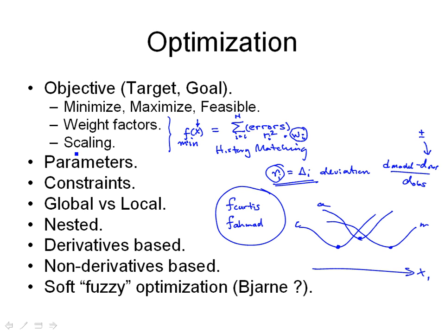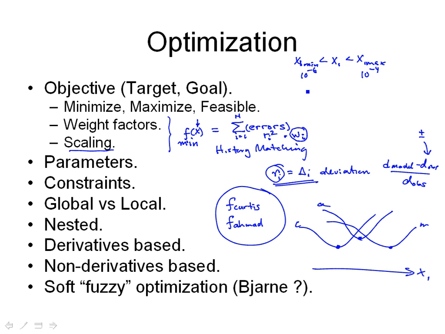Scaling, when it comes to optimization, basically x1 is often given like that. Okay? And x might be something like that for some particular x1.